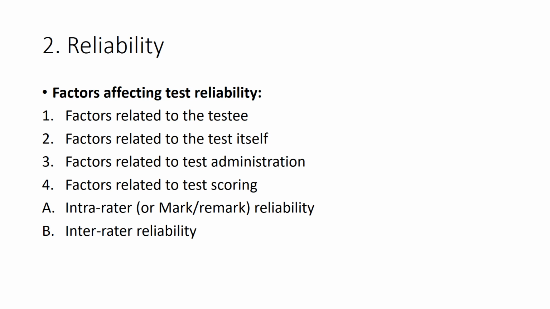So when we are having a difference in the scores because we have two teachers, here it is called what? Inter-rater reliability.